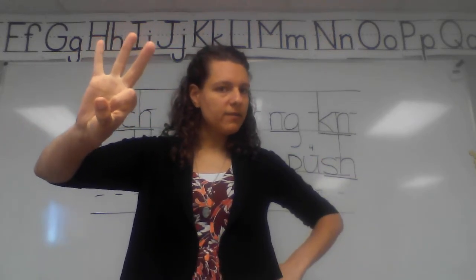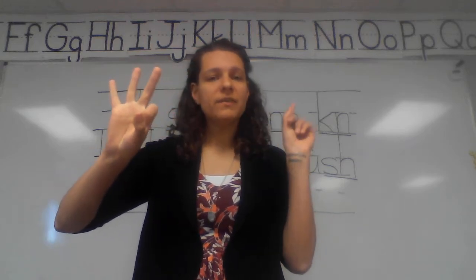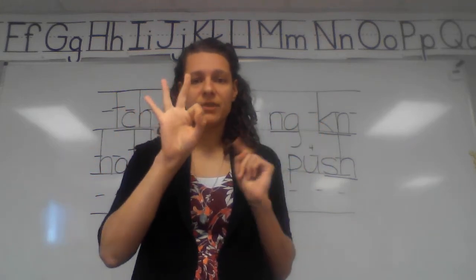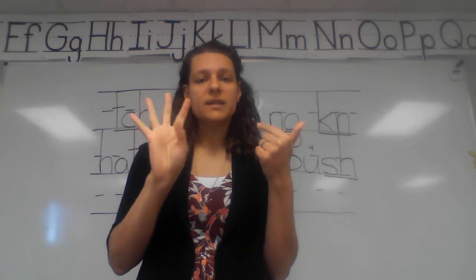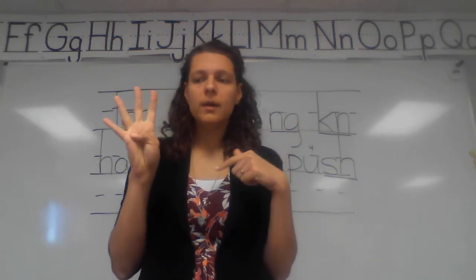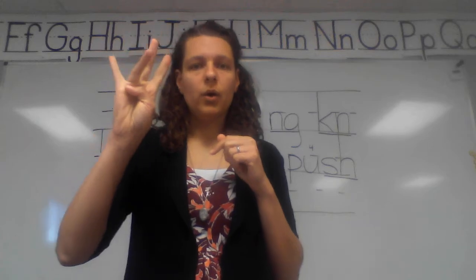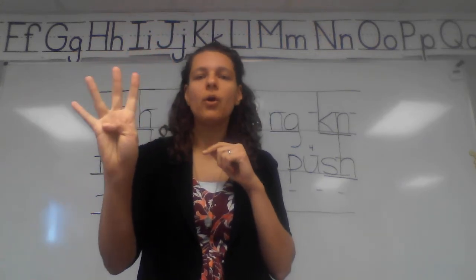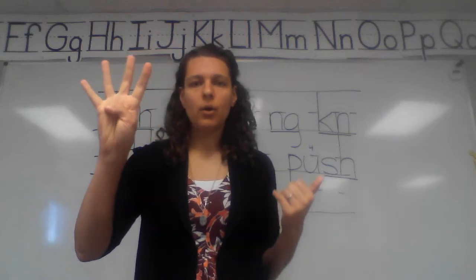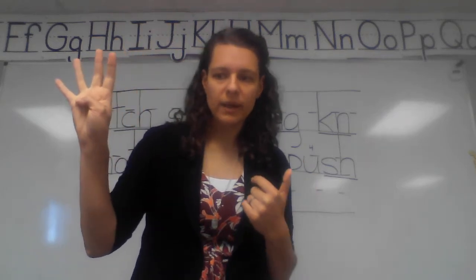Did you remember your floss rule? That's right, we often double F, L, or S after a single vowel at the end of a 1-syllable word. So in pull, we're going to double our L, and our O is U-U-O, again in pull. So go ahead and write pull and say the sounds while you write them.